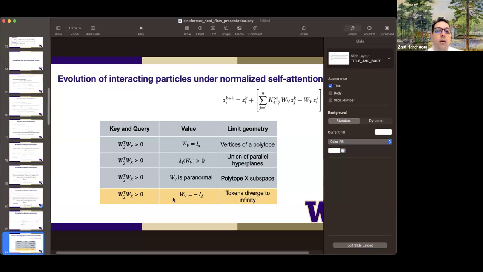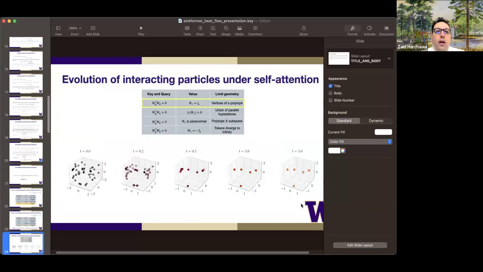And so in this talk, we'll consider this condition where WQ, WK is positive and WV is going to be minus identity. Okay, so let me show how it looks. If you take the evolution here and you look at the first condition, as the particles evolve through the layers.